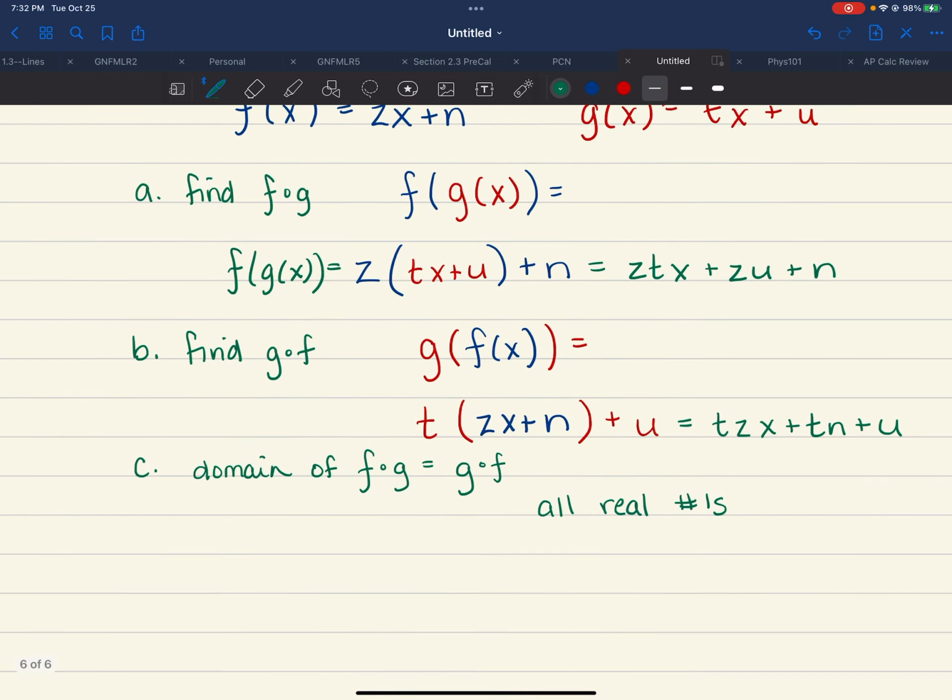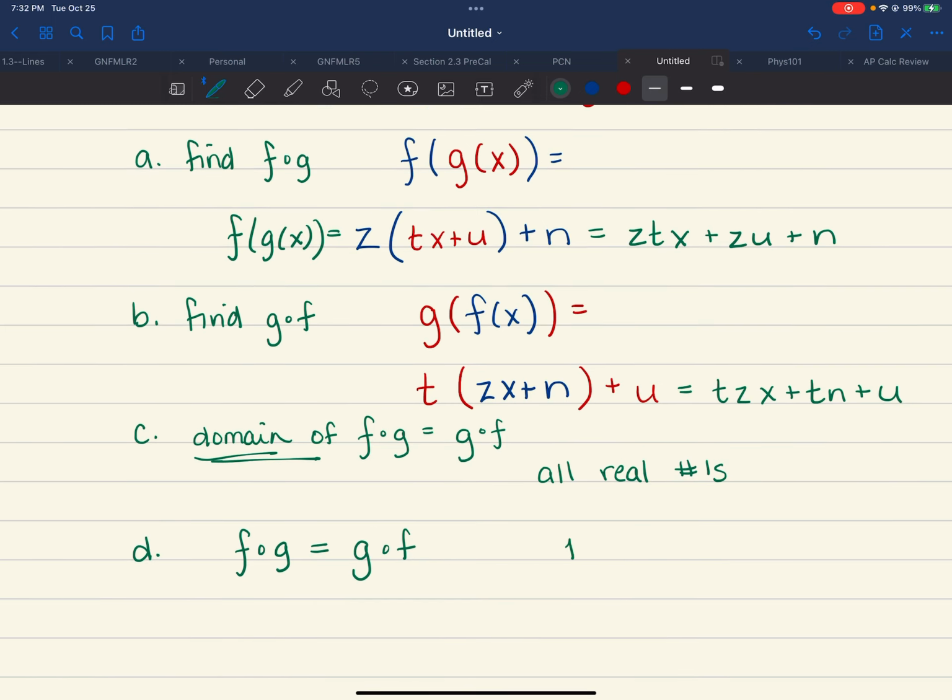All right, so the last question, this is the one that gets a lot of people. It asked, how on earth can you guarantee that f of g is equal to g of f? All right, so there's two ways that we can look at this.